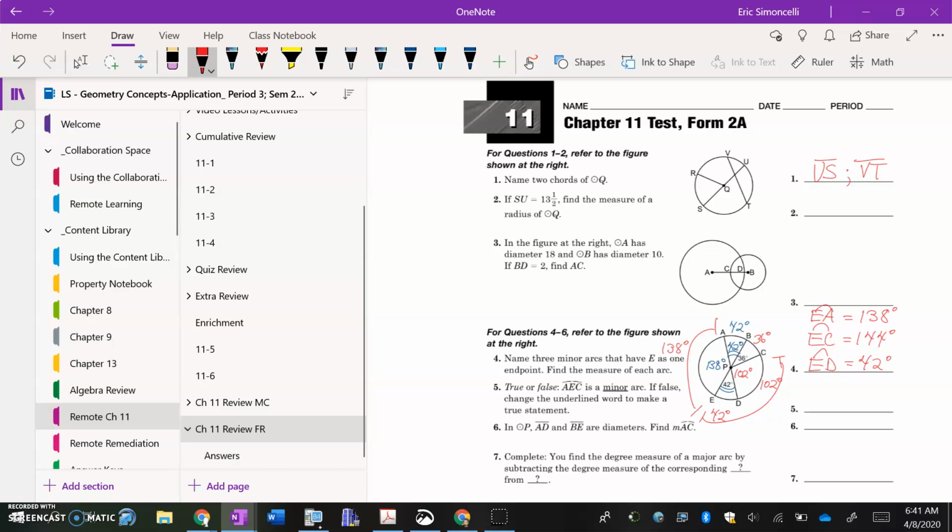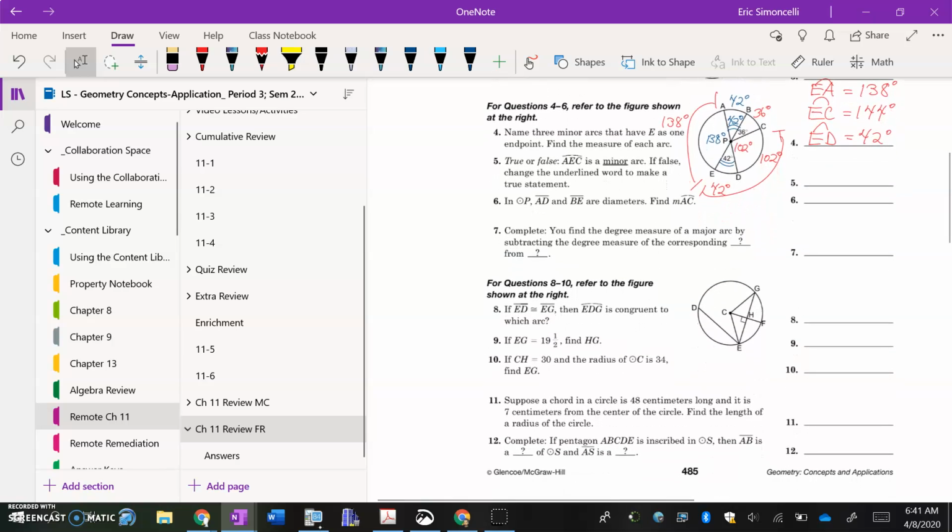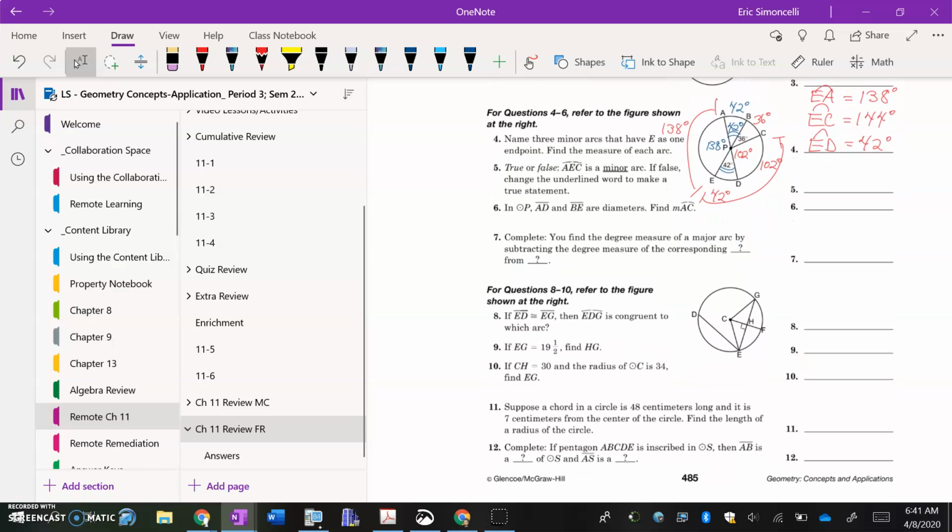Okay, let's move on. Number 8, so the next little section of problems. Use the figure at the right. Here's your circle, circle C. Now there are some aspects that I typically like to mark up when I'm doing problems of this nature. We know we've got radii CE and CG because they're both radii of the circle. They're congruent.